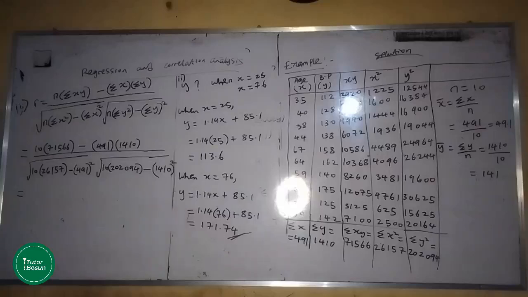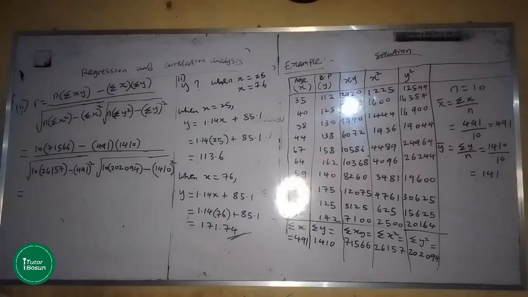So if we do that very well with our calculator, we have 10 into 71566 minus 491 into 1410, divided by square root of 10 into 26157 minus 491 squared, times the square root of 10 into 202094 minus 1410 squared.